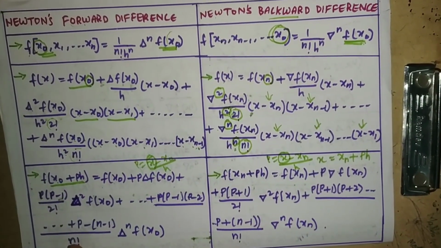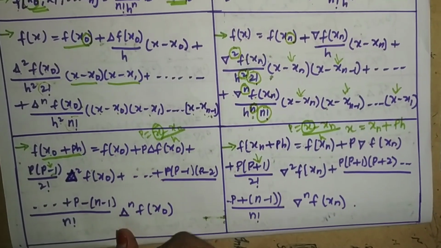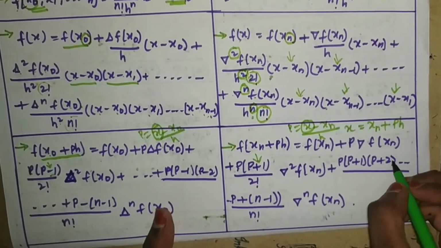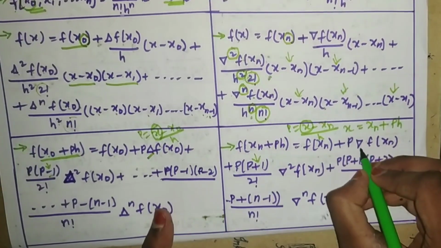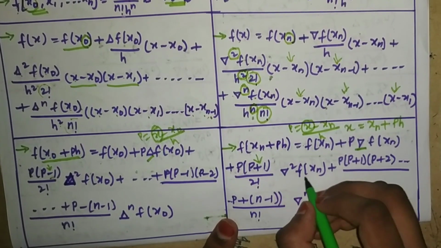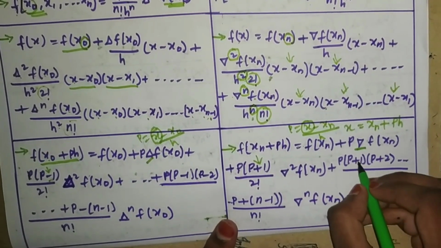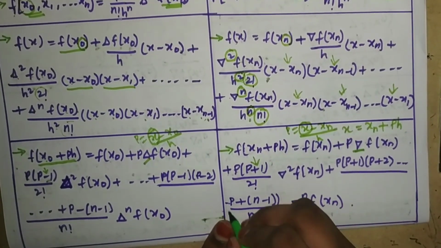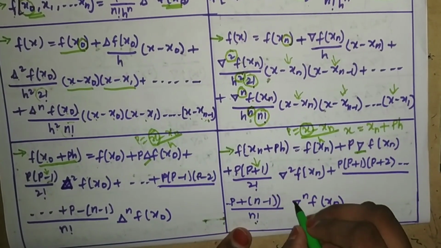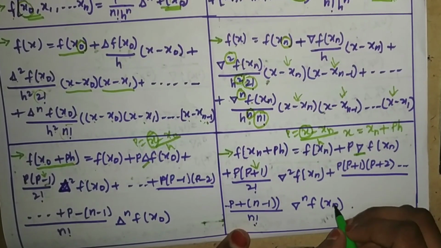Here minus for forward difference, here plus for backward difference, and remaining everything will be the same. Here instead of delta we are writing it as del. Next, del square f of xn plus p into (p plus 1) into (p plus 2), so on up till (p plus n minus 1) by n factorial, del power n f of xn.